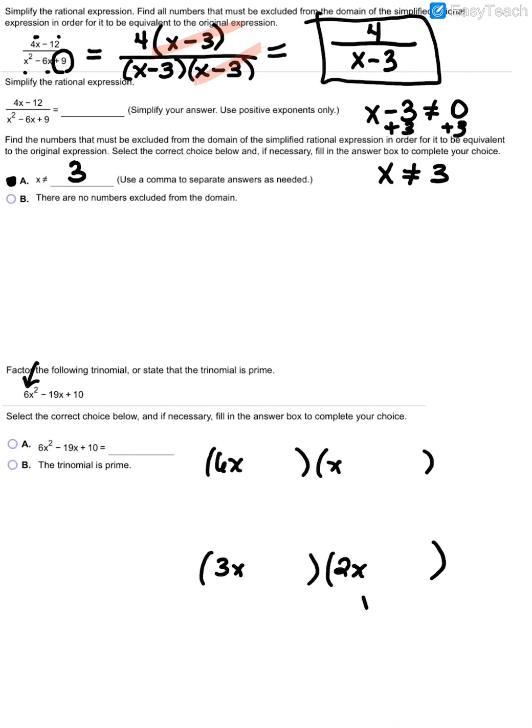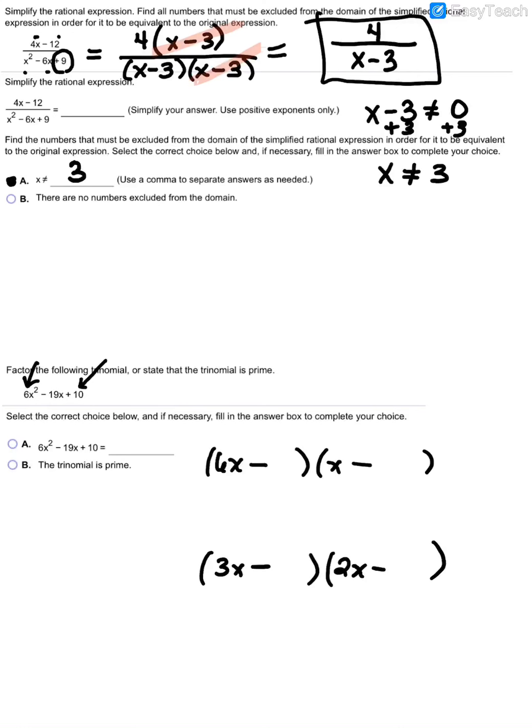And so that's why I call it trial and error, because we don't know up front which one's going to work. All right, so next thing we look at are factors of positive 10, and we need them to add up to negative 19 in the middle. Now, the only way you're going to get a positive constant that adds up to a negative in the middle is if both signs are a negative.